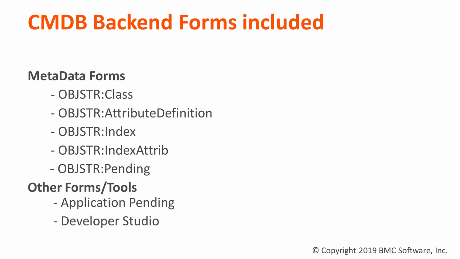Okay, there are a few forms which are associated with this particular validation method. The first one is the OBJ star colon class form, which gives you the health of your existing CMDB classes, be it custom class or out of the box class. It will show you the class status, which is known as system status, and it should always be active. The next form is the attribute definition form, which gives you the health of your attributes.